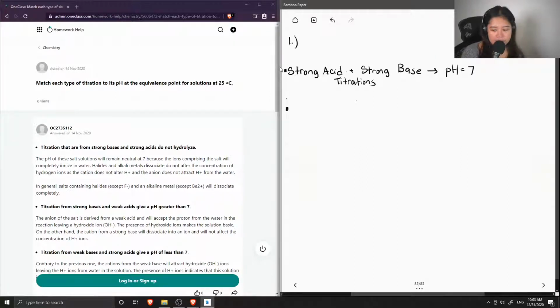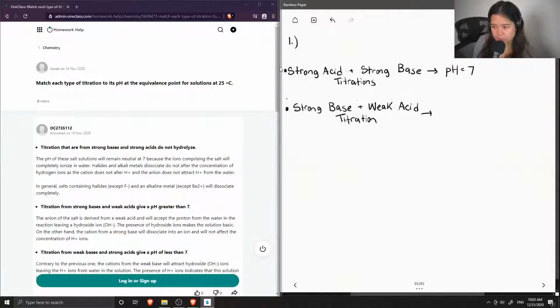And you could also have a titration of a weak acid by a strong base. And the pH at the equivalence point of this type of titration would be greater than 7.